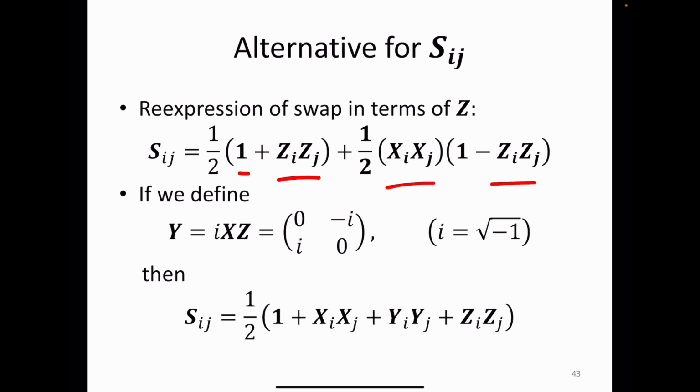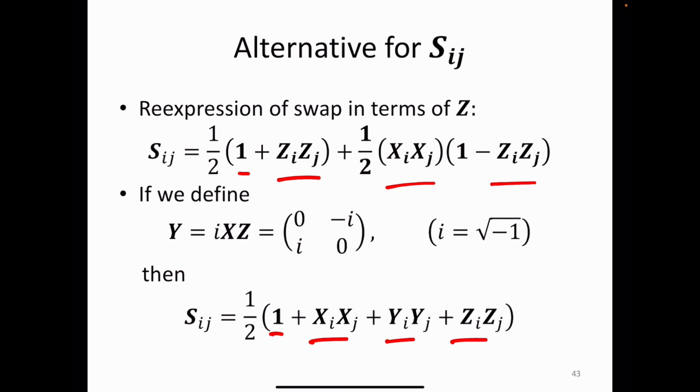If we define an additional operator y given by i x z, remembering that i is the square root of -1, then the swap operator can be expressed as a combination of the identity, some nots, the y operator just defined, and the z operator just defined. And again, I encourage you to try that one out.